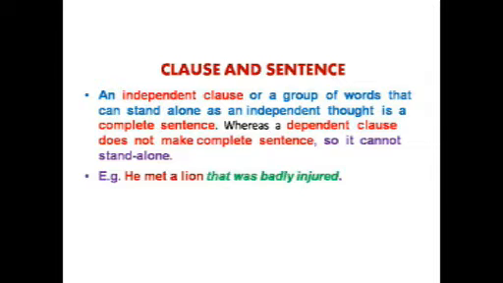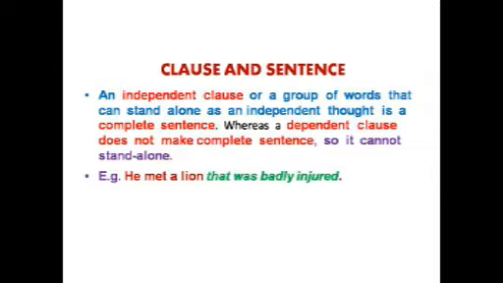An independent clause or main clause gives us the full meaning or full idea, whereas a dependent clause does not make a complete sentence, so it cannot stand alone. The dependent clause always depends on the main clause, otherwise it will become incomplete.